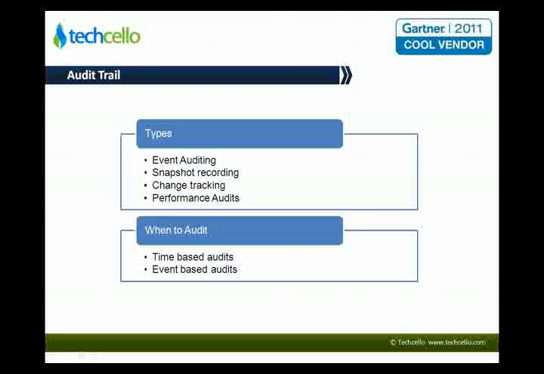Now history itself can be tracked in two possible ways. One, it could be change tracking, like the example I told, or it could be a snapshot recording. So you always record, as on a date, the information when it was updated, this is how it was. So you keep having a history table with all the rows just appended to it.